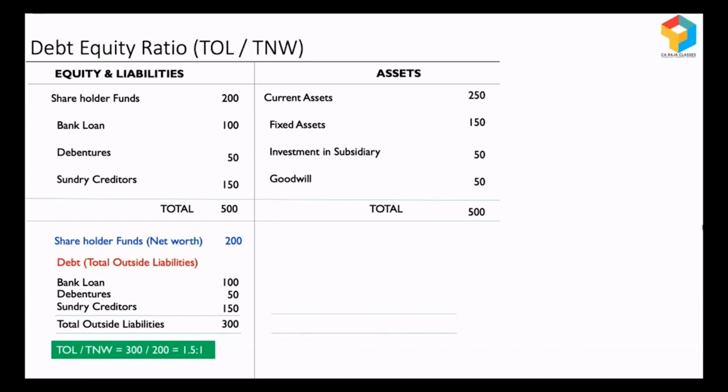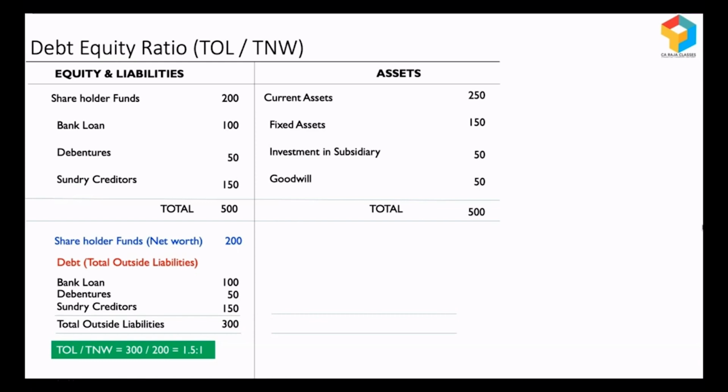It means there should be 25% contribution. And now if you look at this ratio, it is 1.5:1. It means if this business is raising 2 rupees 50 paise, of which 1 rupee 50 paise is coming from outsiders, it means outsiders are contributing 60% and owners are contributing 40%. So this looks like an amazing or wonderful ratio.